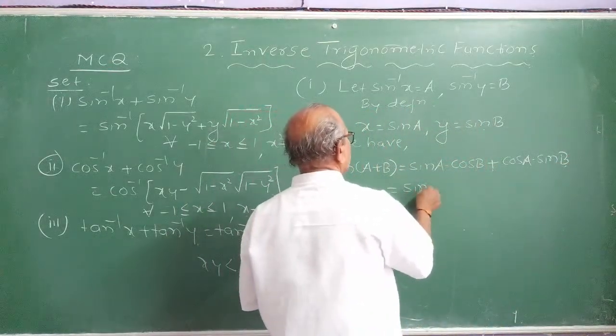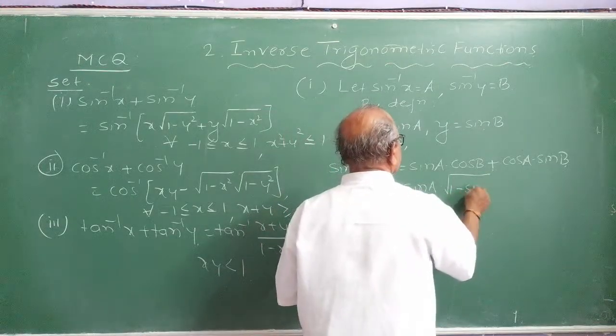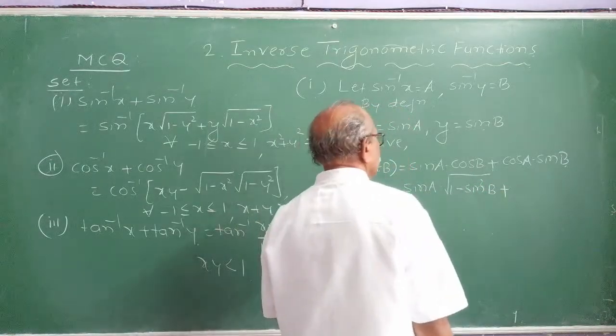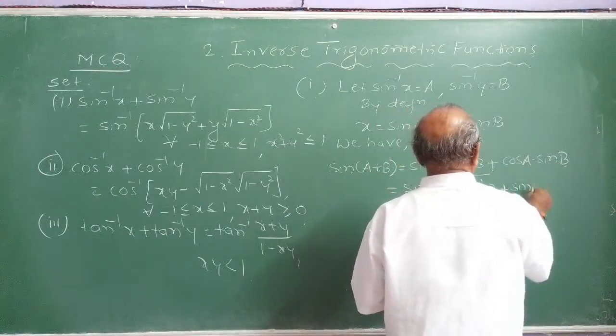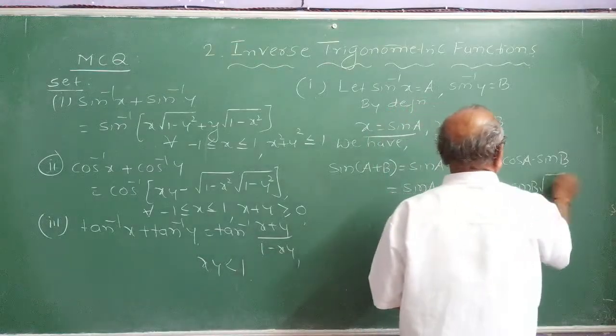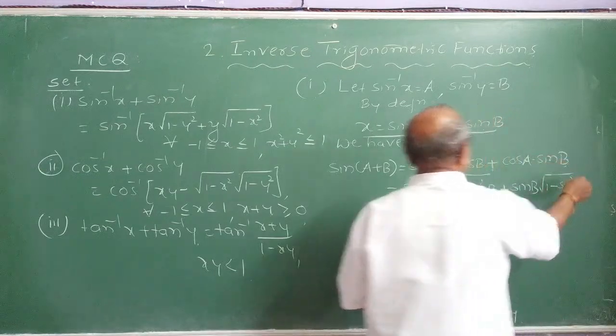Can you express cos b in terms of sin? It is given by root of 1 minus sin square b, plus cos a sin b. Sin b can be written as it is, but we have to express it in x and y. Therefore, sin b into root of 1 minus sin square a, since cos a can be written as root of 1 minus sin square a.